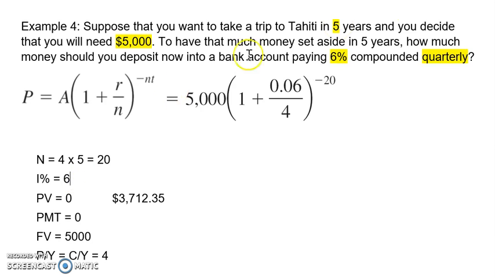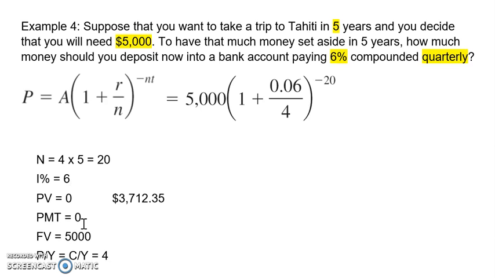The I percent was given as 6%. There is nothing I need to do with that number 6 besides type it in where it belongs. I told you the PV is what I'm solving for. And how do I know that I'm solving for present value and not payment, for example, in this problem? Because those are the two unknowns that I held with a 0 placeholder.